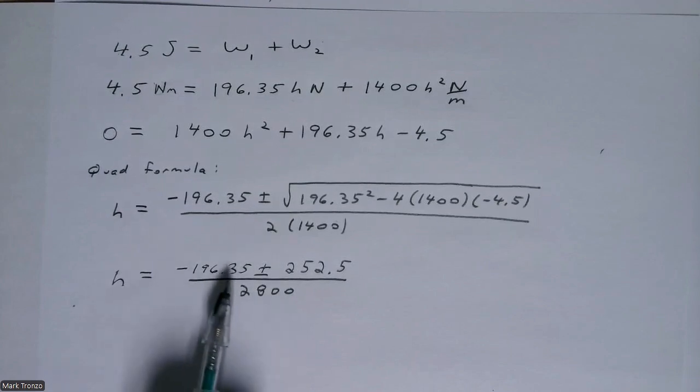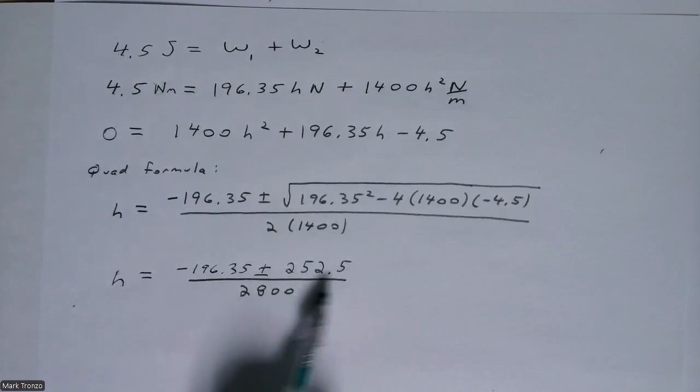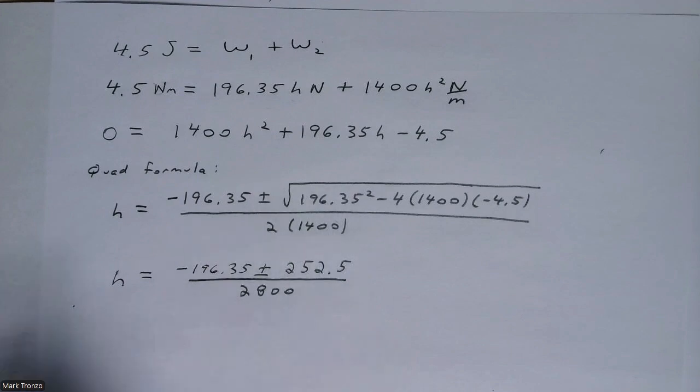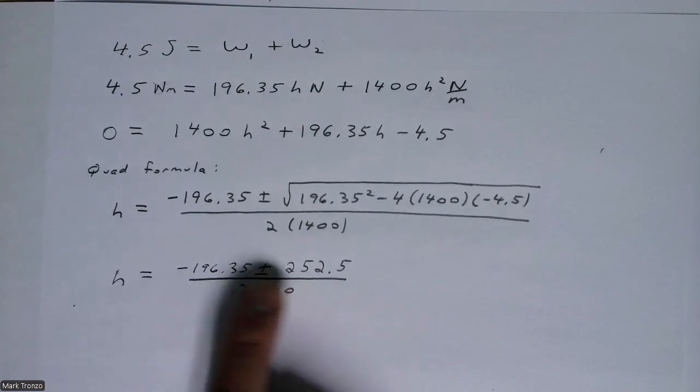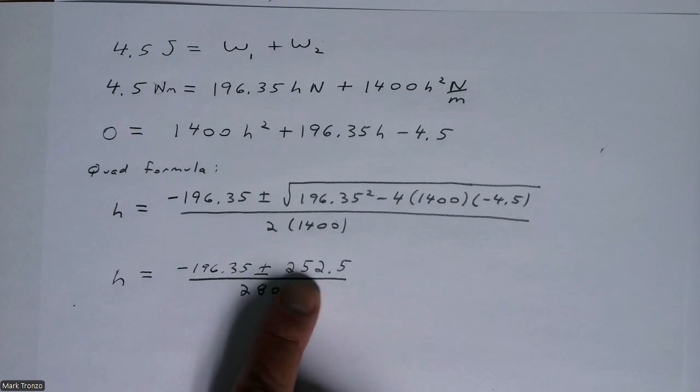Now, in our case, if we get a negative value here, it's not going to have any meaning. So if this is negative, it's going to make the whole sum negative, so we'll just ignore that.